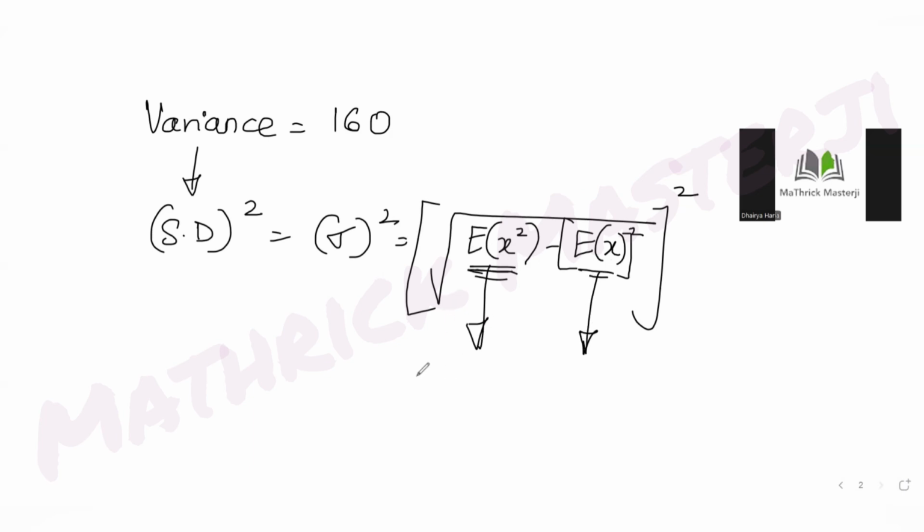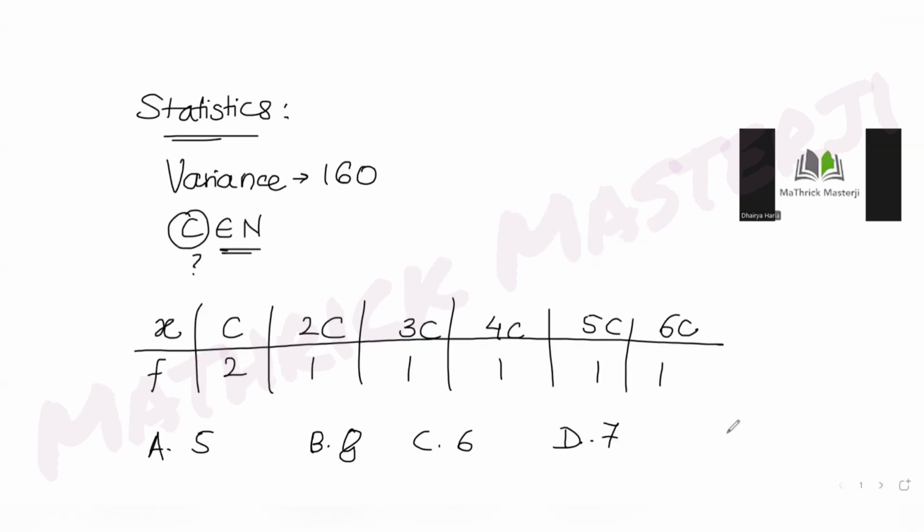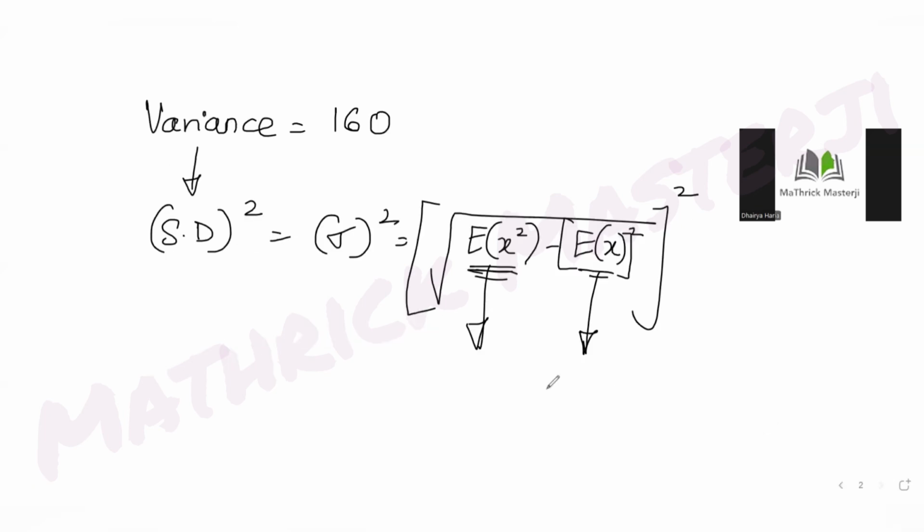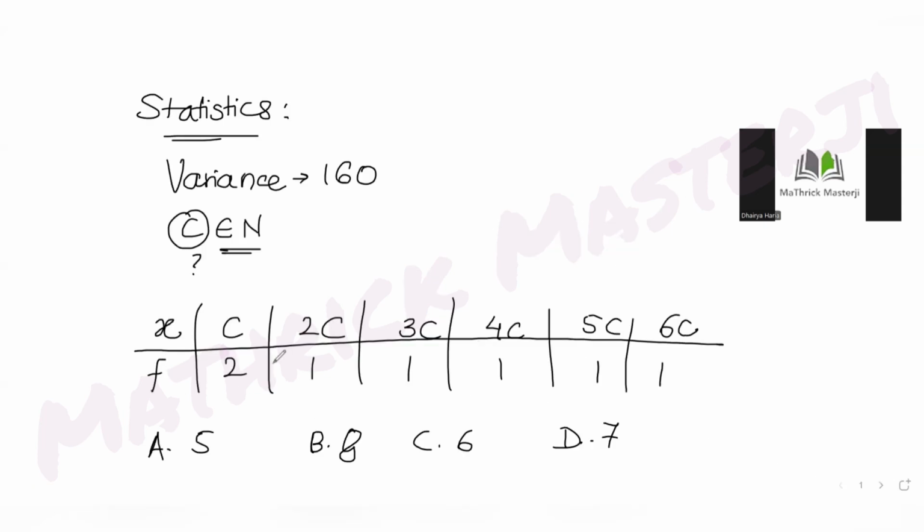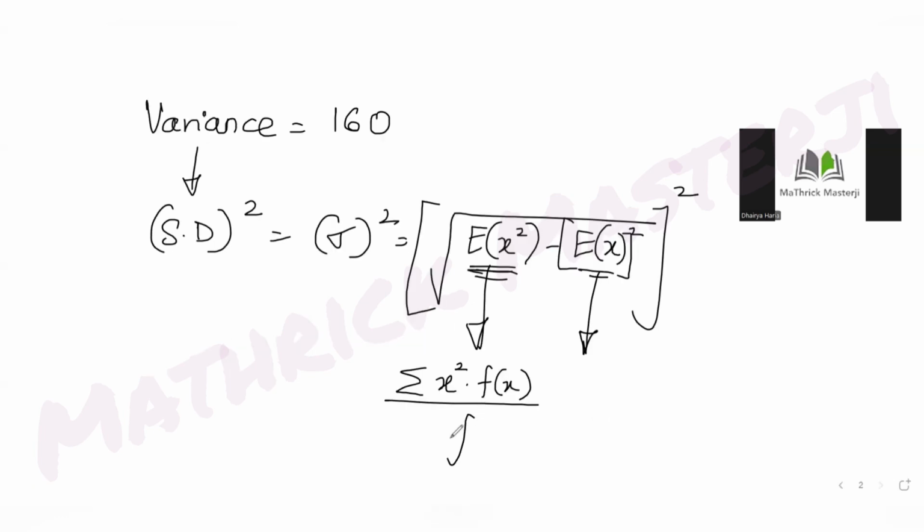And the expected value, if I want to calculate it using this frequency distribution, I'll just find x square and multiply it with the frequencies given respectively and take the sum of them. So it's basically the summation of x square into f of x divided by the number of terms, that is the total frequency f. Also, for E of x, the mean value of the terms of x, I'll find the sum of x with f of x and divide that also by the frequency f.